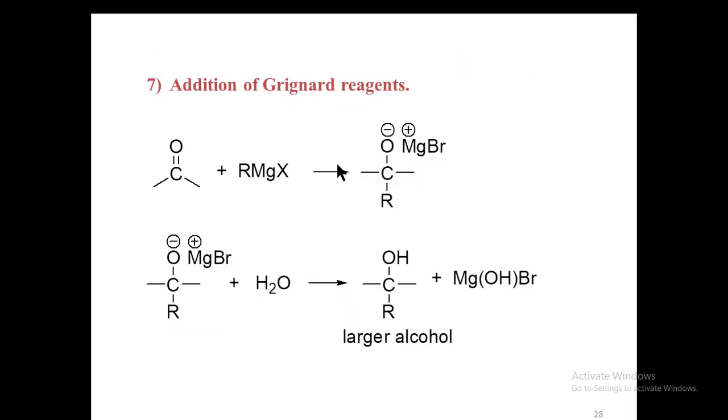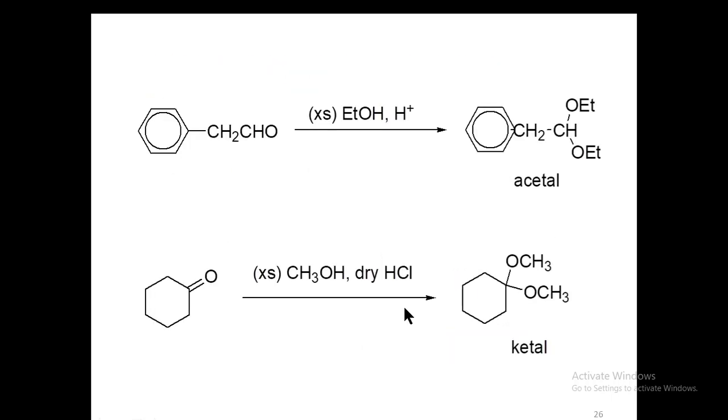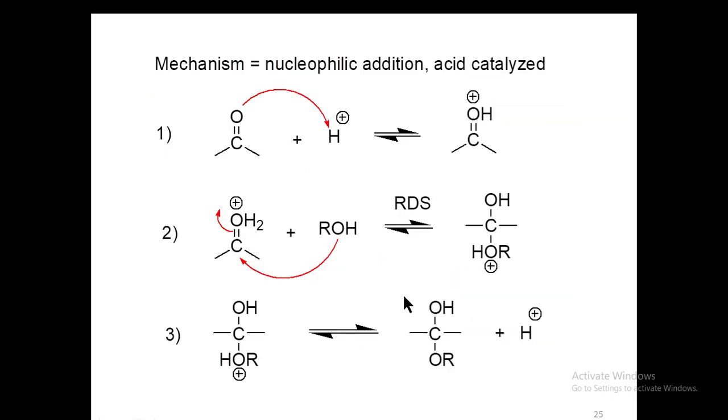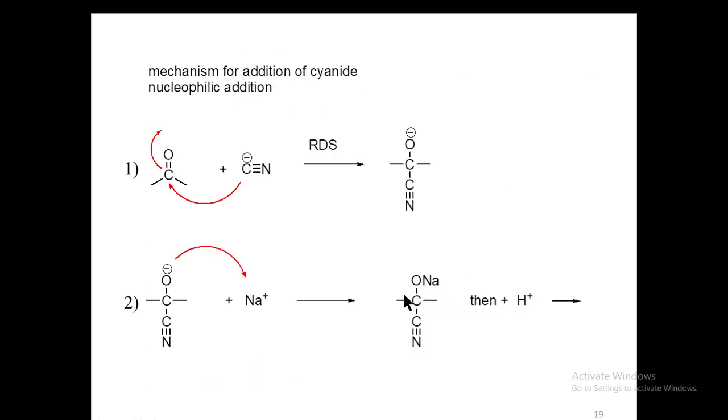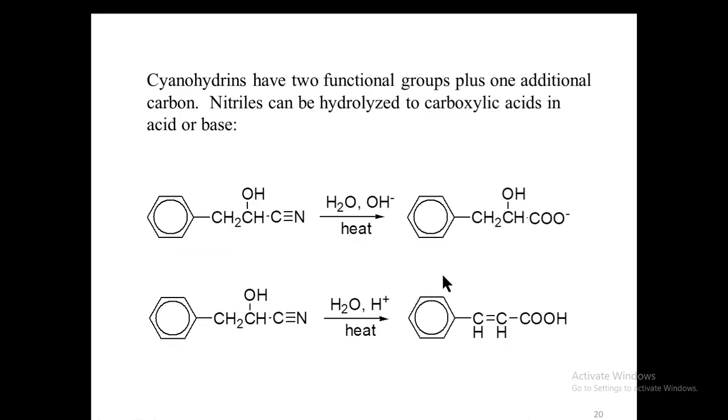Next reaction is addition of Grignard reagent. Carbonyl compound reacts with Grignard reagent and produces alcohol. Now you can see that addition of Grignard reagent gives us alcohol. Similarly, with the cyanide, we can obtain carboxylic acid and also OH group.